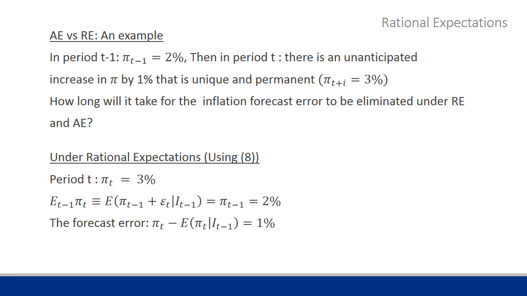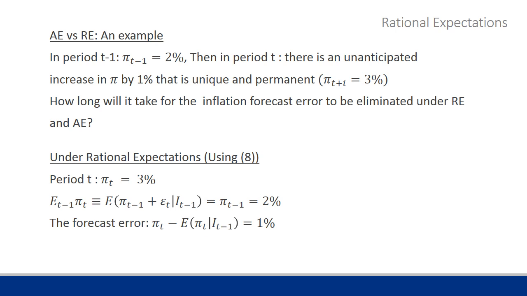Now we look at an example, and we take our rational expectations and our adaptive expectations example that we had earlier, and from that we can run a race to see which form of expectations catches up quicker, given some price surprise or some inflationary shock.